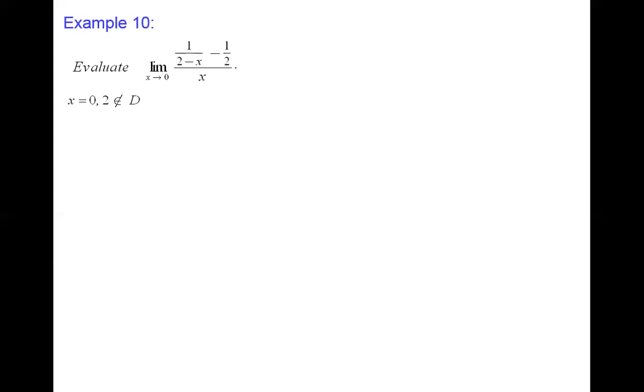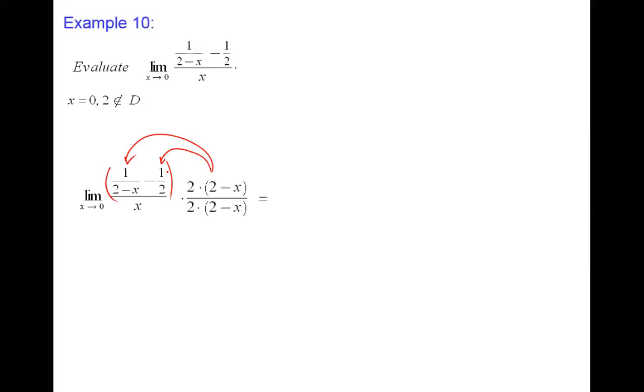And also 2 is not in the domain, because 2 minus 2 is 0. I see that my common denominator from the top is 2 times (2 minus x). That means I will multiply each expression, the function from the top, and of course the function from the denominator.